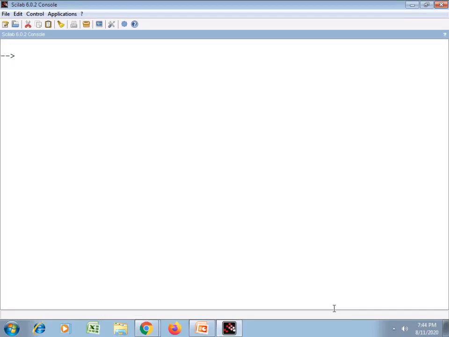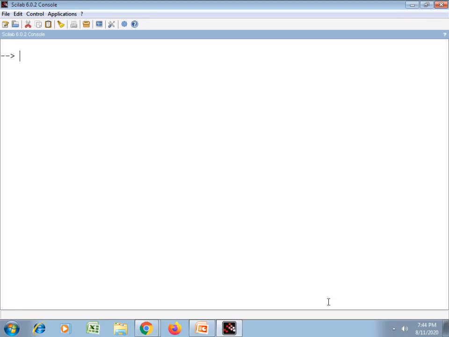Now I have opened my Scilab environment. I have already installed the C compiler in my machine. I also have installed the MinGW module from Scilab. Let me confirm whether the C compiler is linked to Scilab.